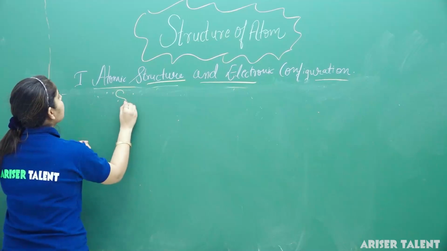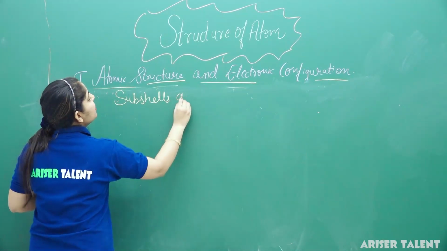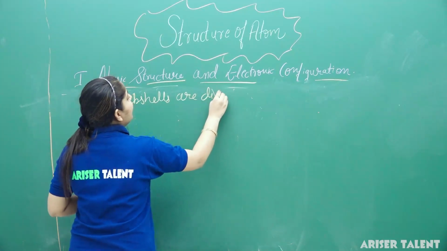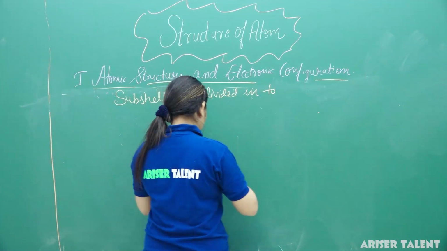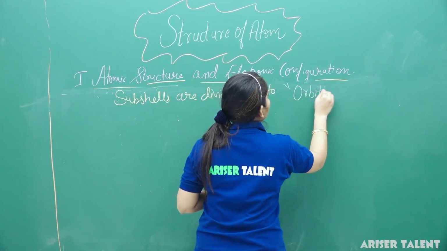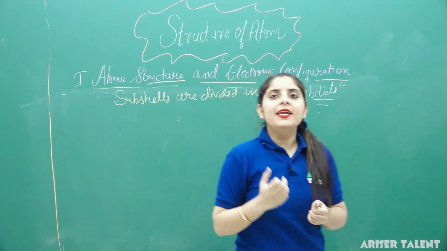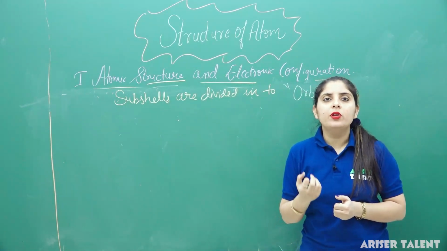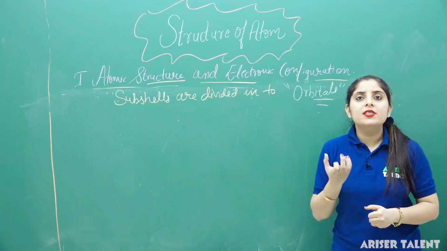Now again, subshells are divided into orbitals. So what actually are orbitals? Orbitals are three-dimensional structures in the nuclear region where the tendency to find an electron is maximum.